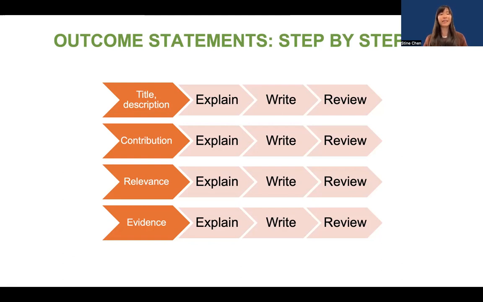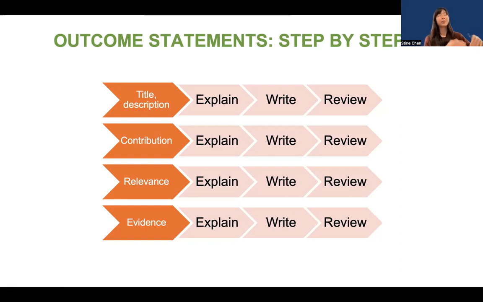And the reason why we do the contribution before the relevance, which is normally in the outcome statement, is that based on experience, it's easier, after the title, to immediately write what specific activities led to this change that is captured in the outcome title. And this also makes it easier afterwards to write down the relevance.